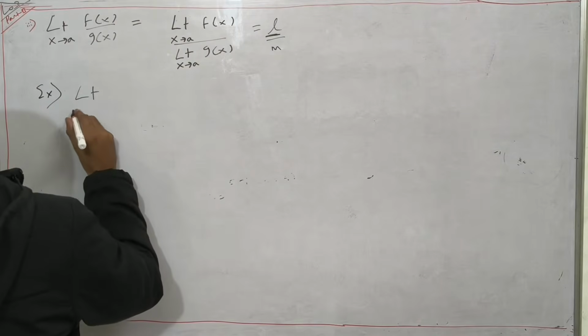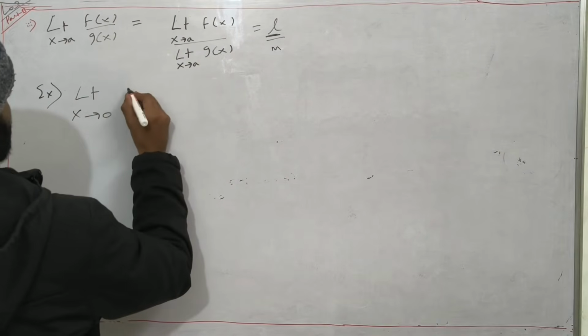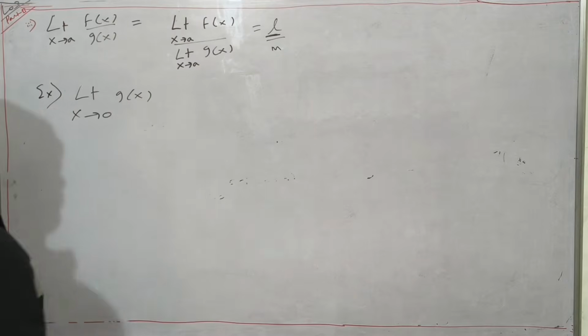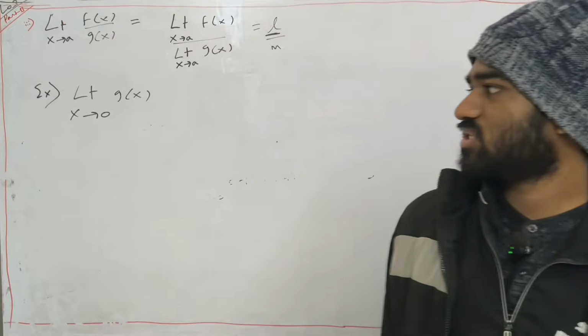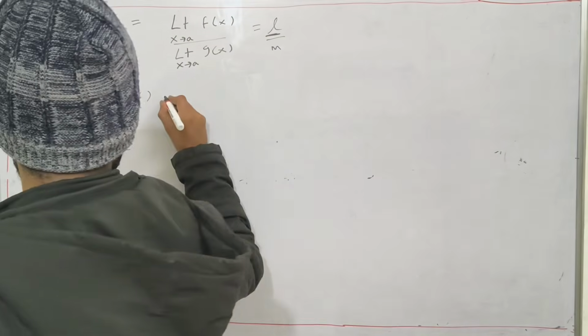limit x tends to 0 g of x. Let's see whether g of x exists or not. Okay, limit x tends to 0 g of x equals to left hand limit.